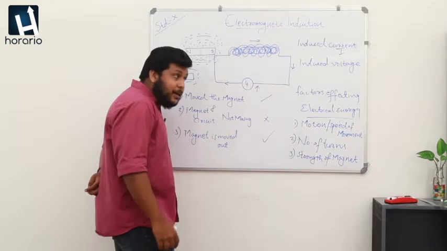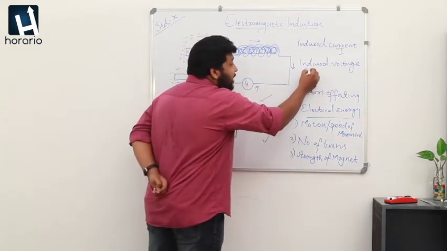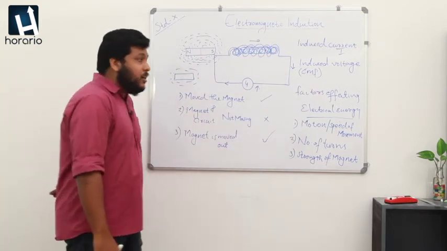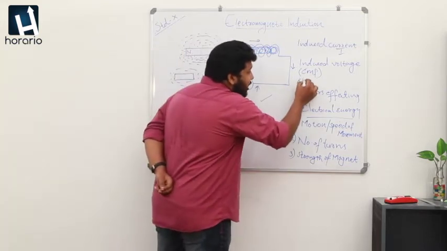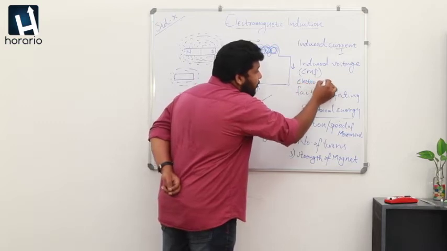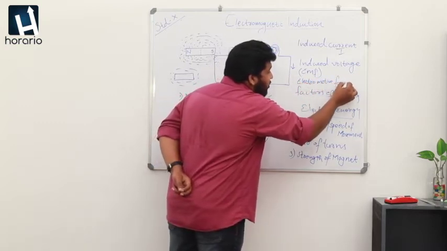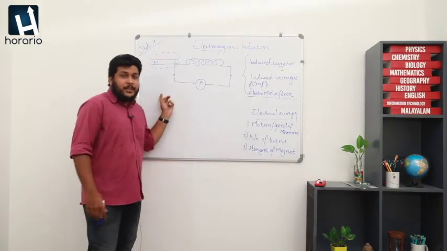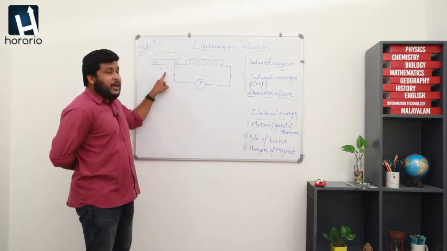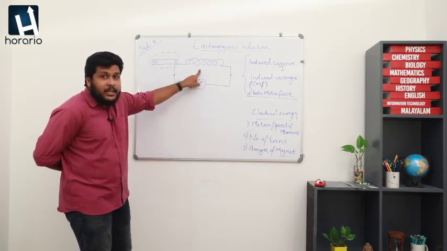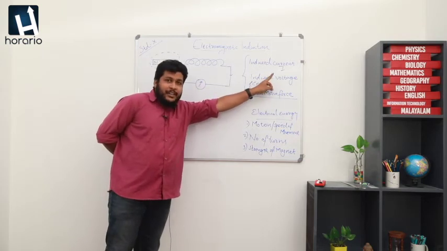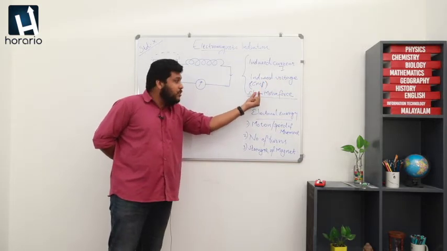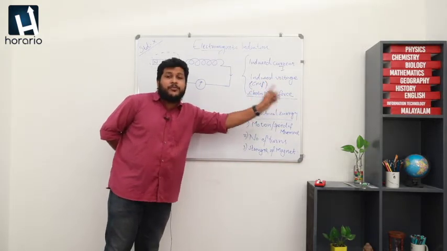Sometimes we call this EMF, the short form which stands for electromotive force, which is very important. So from this experiment, we can conclude that the motion of a magnetic field inside a solenoid will lead to the formation of induced current and induced voltage. The induced voltage is also known as EMF, electromotive force.